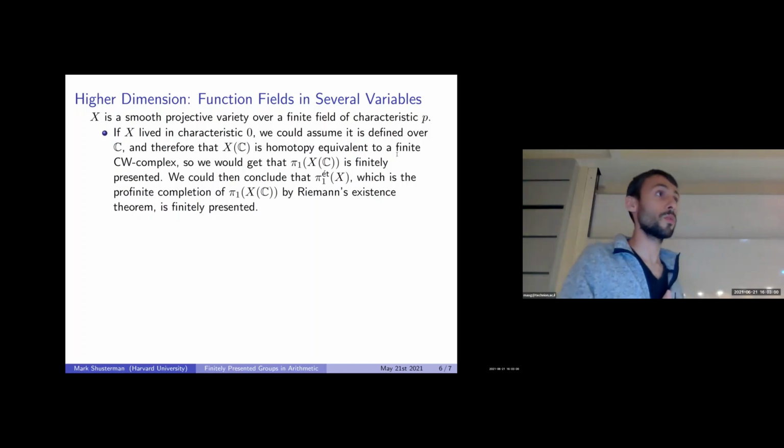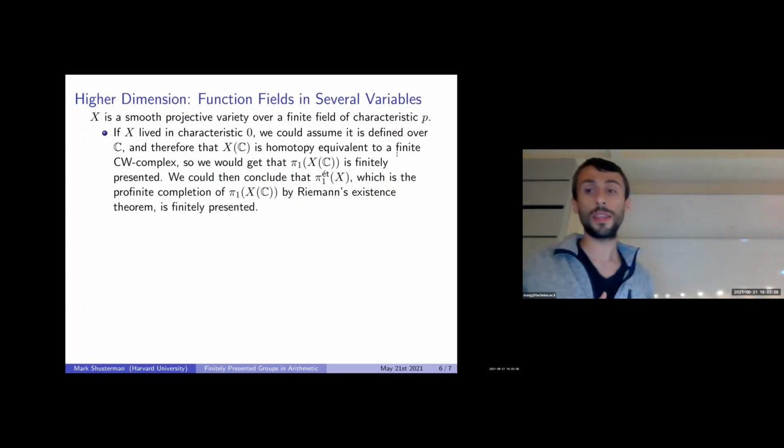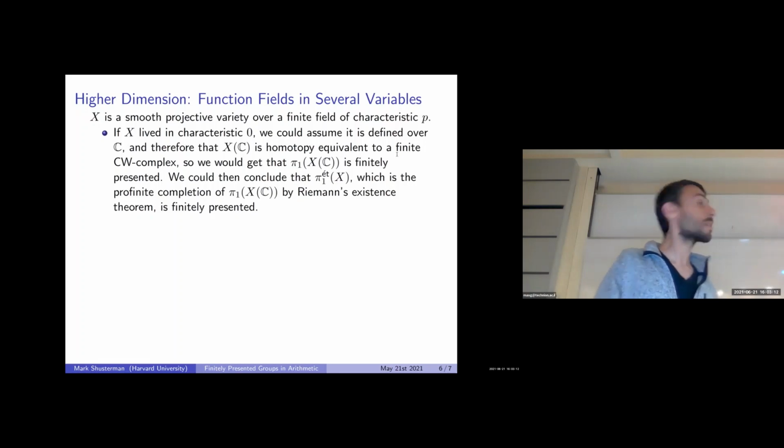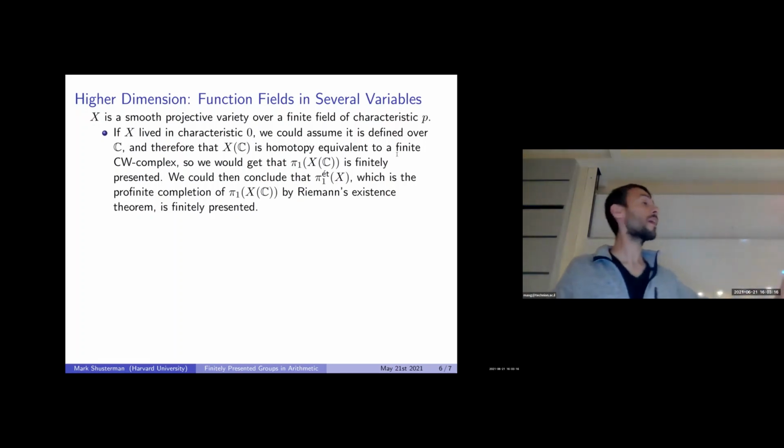So not super hard to read off from the complex itself. And then by a Riemann existence theorem argument, you can conclude that the étale fundamental group is also finitely presented, being the profinite completion of the usual fundamental group. So if the usual fundamental group is finitely presented, its profinite completion is also going to be finitely presented.